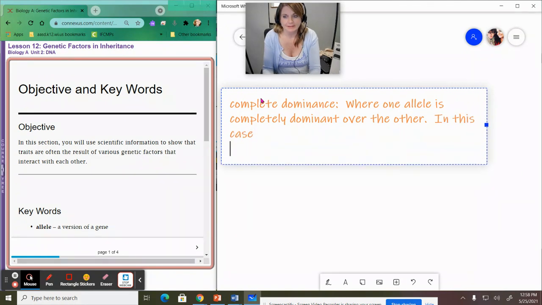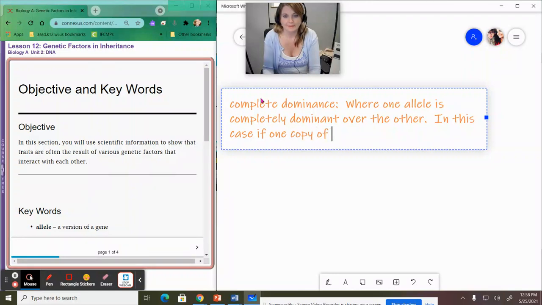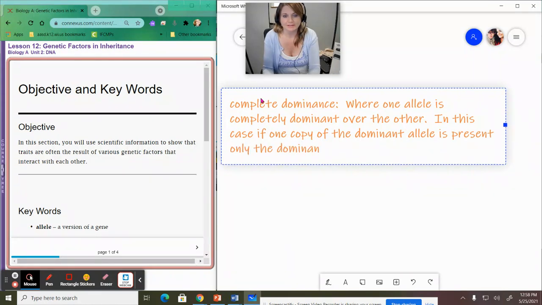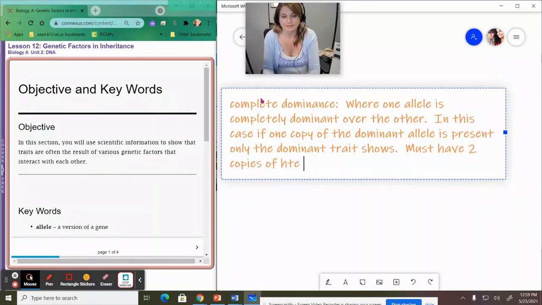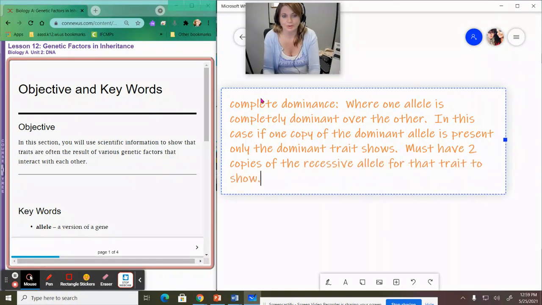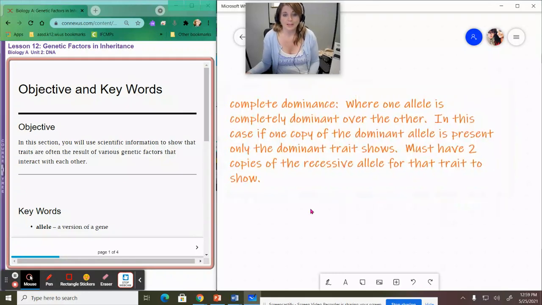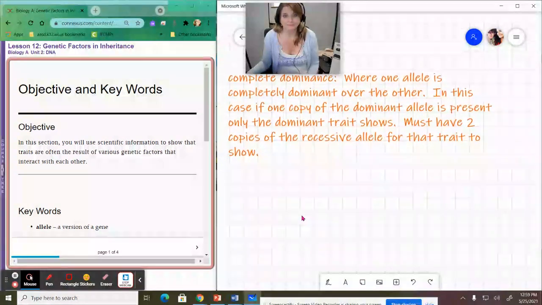In this case, if one copy of the dominant allele is present, only the dominant trait shows. You must have two copies of the recessive allele for that trait to show. Okay, so that's one type of inheritance. That's what we talked about in the last lesson.